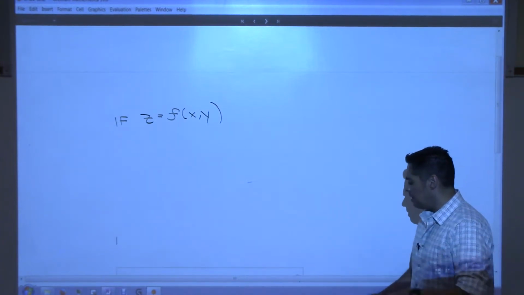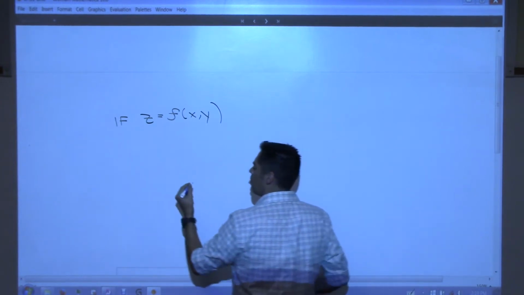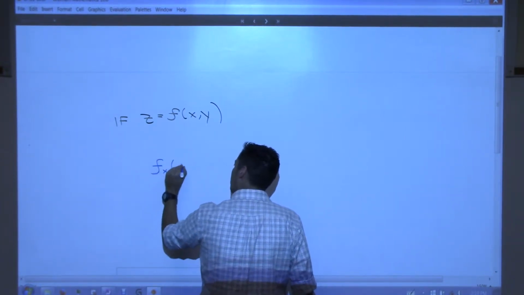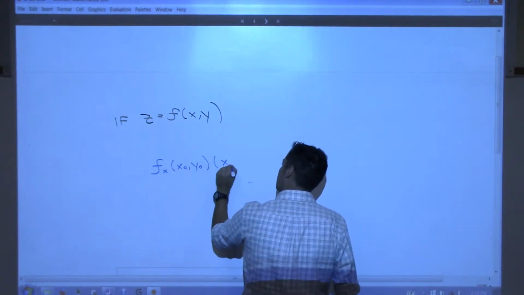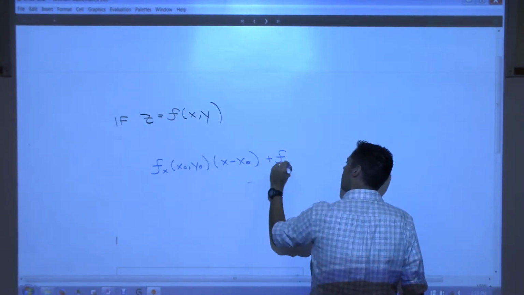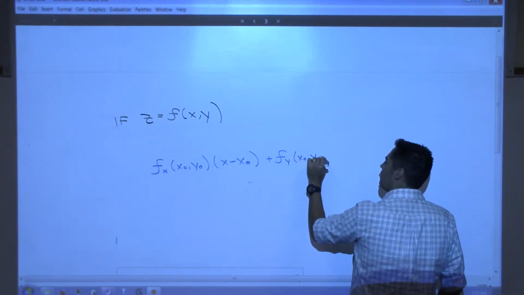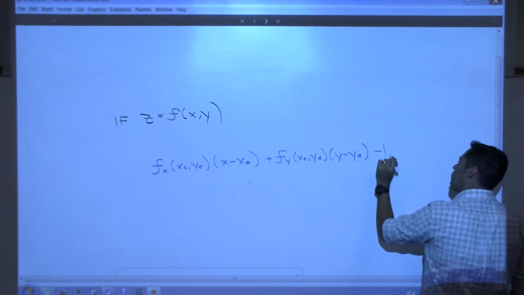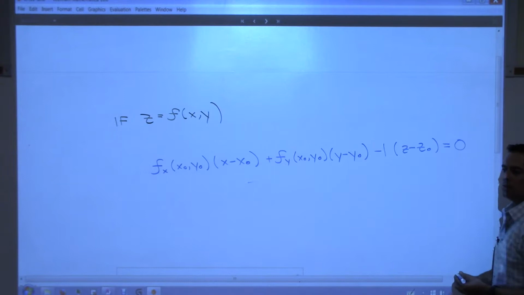We could find the equation of the tangent plane to this surface using this formula. It was the partial of f with respect to x at x naught, y naught, times x minus x naught, plus partial of f with respect to y at x naught, y naught, times y minus y naught, minus 1 times z minus z naught equals 0.